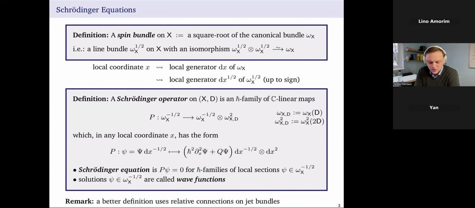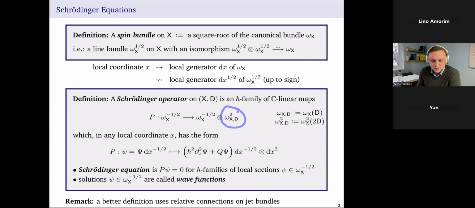Then, using this, you can define a Schrödinger operator on this marked curve. I'll give one definition. It's an H-bar family of C-linear maps of sheaves. You take a section of this spin bundle, and you output a section of the spin bundle valued in quadratic differentials.